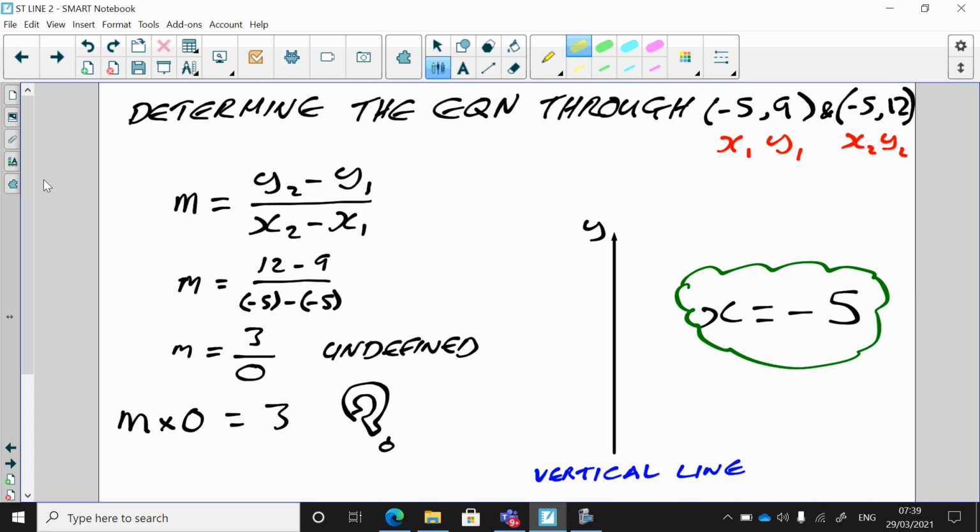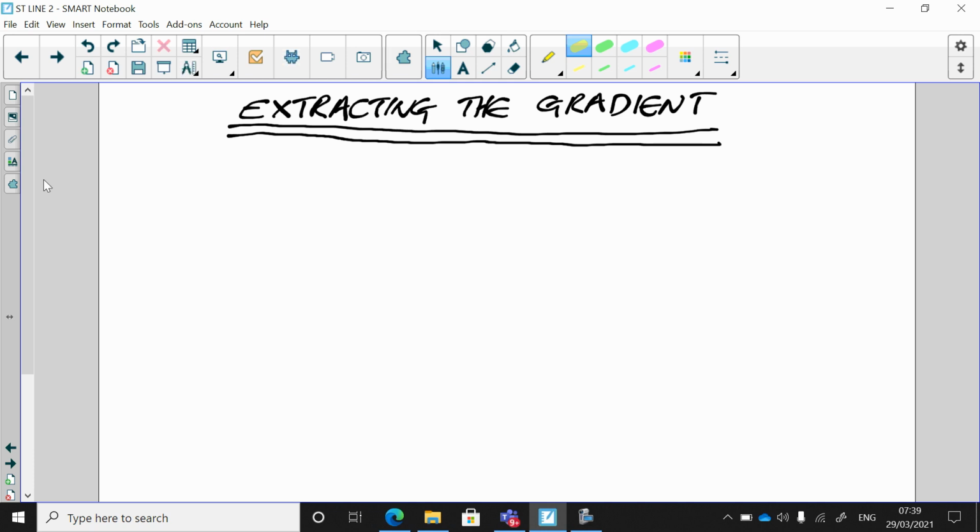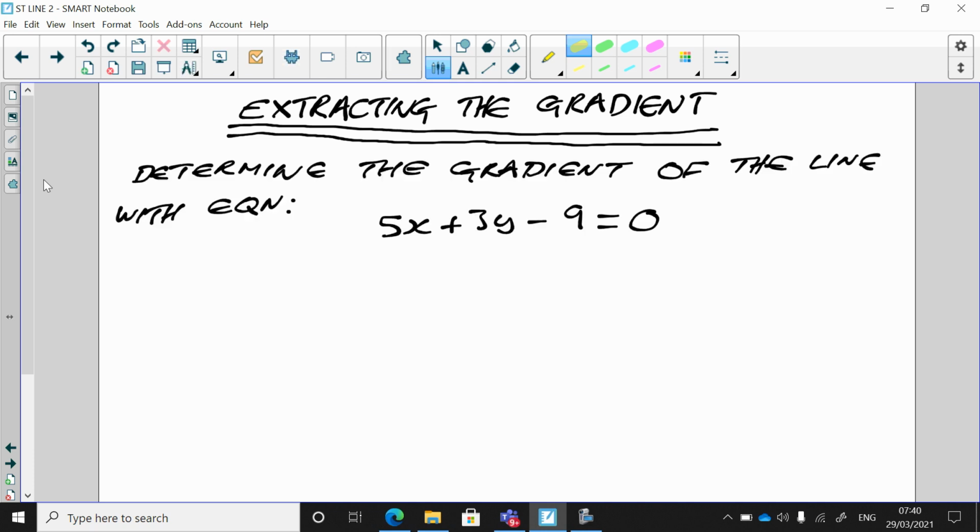Right, okay. Here, extracting the gradient, they'll give you an equation in some form, and if it's in a nice form, you'll be able to identify the gradient right away. But they don't usually do that. So here, they're given this equation of a line, 5x plus 3y take away 9 is equal to 0.